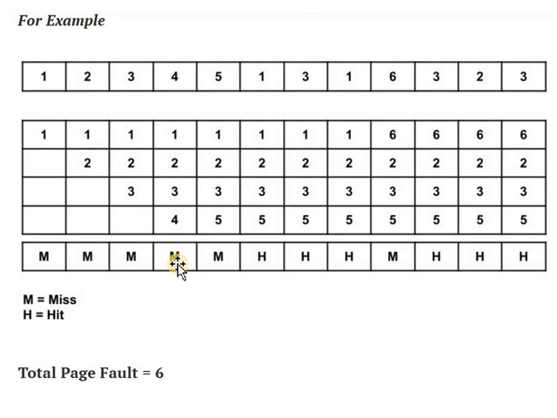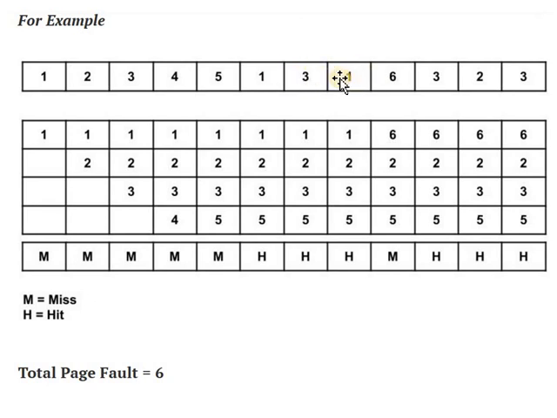But when 5 comes, it is not available in memory, so a page fault occurs, and it replaces the page which is going to be used farthest in the future among 1, 2, 3 and 4. Here 4 is replaced by 5 because 4 is not used in the future.